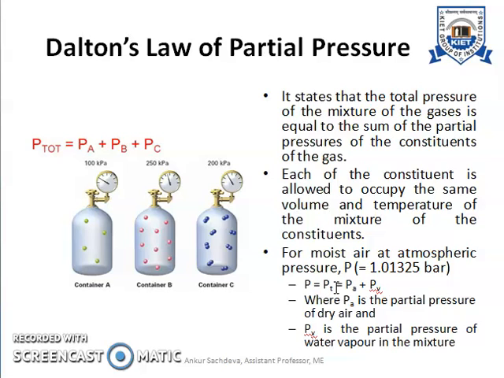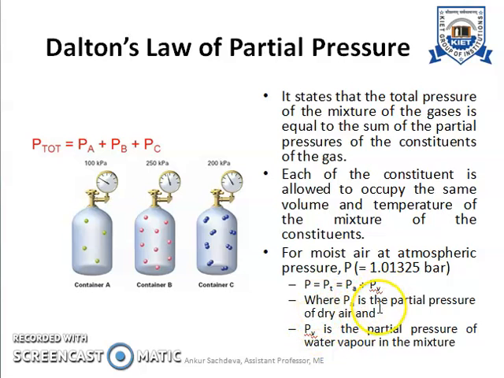This will be equal to the partial pressure exerted by the gas A plus the partial pressure exerted by the vapor V. Here A is nothing but the dry air, the dry part of the atmospheric air.